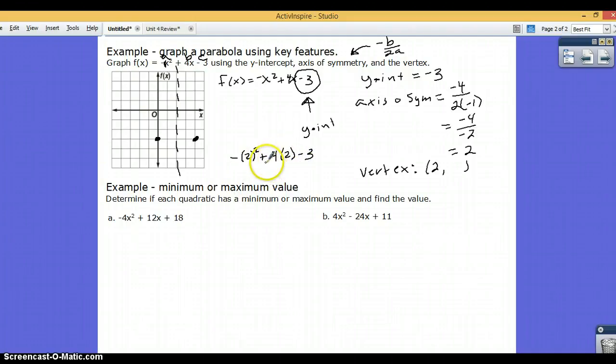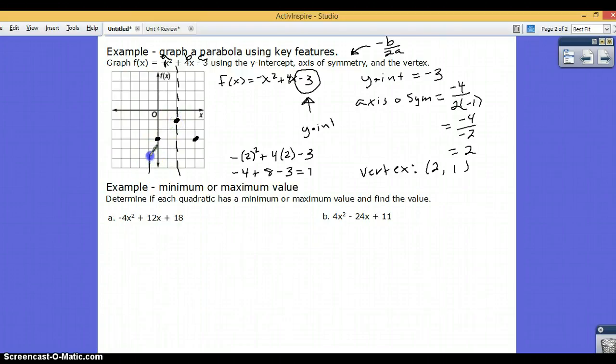You could put this in the calculator if you want. I'm going to do it real quick by hand. Negative 2 squared is 4, plus 4 times 2 is 8, minus 3. So 8 minus 4 is 4, minus 3 is 1. So my vertex is at 2, 1. So 2, 1 is here.